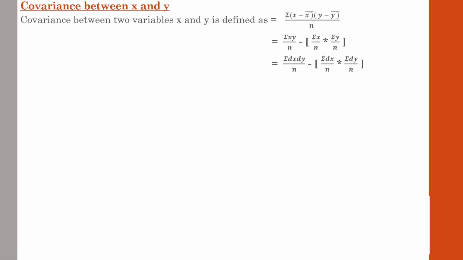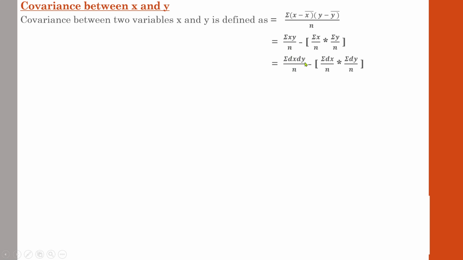I hope you all know what is meant by x, sigma x and sigma y. And regarding dx dy, this is an equation under study. If you take the deviations method in this scenario, then the equation will change to sigma dx dy. See the equations, just add d before x and y.